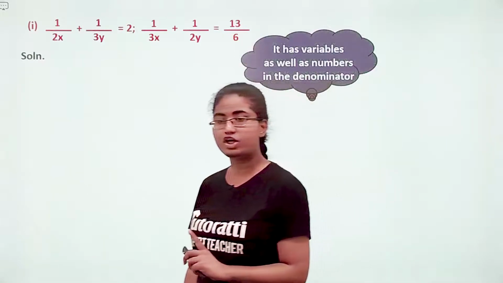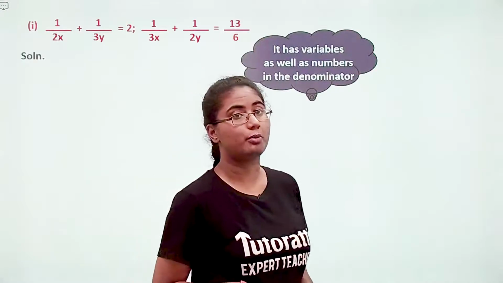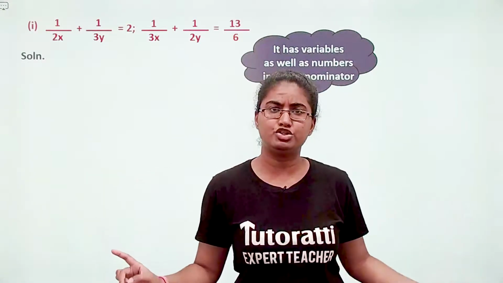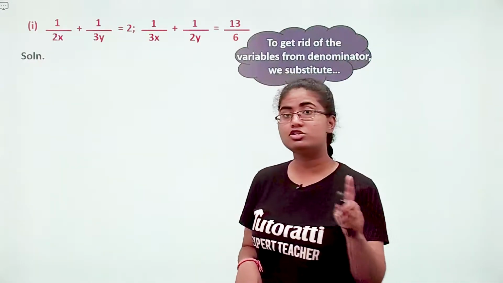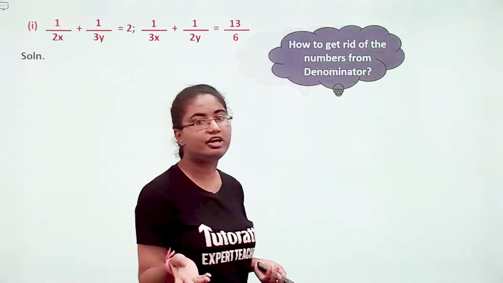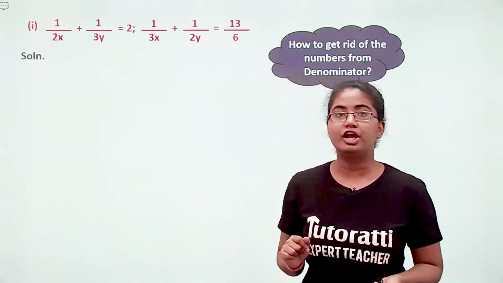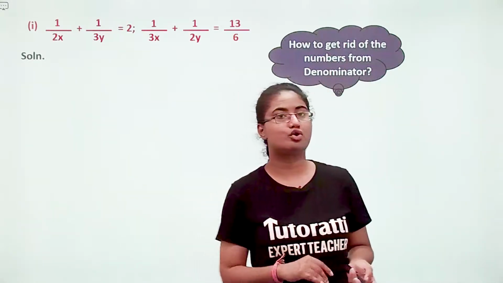So we can see here that there are variables as well as numbers in the denominator. Can we separate these two? Because for substitution, we only need 1 upon x, 1 upon y. बराबर वही चाहिए हमें, right? So we need to get rid of numbers in the denominator.